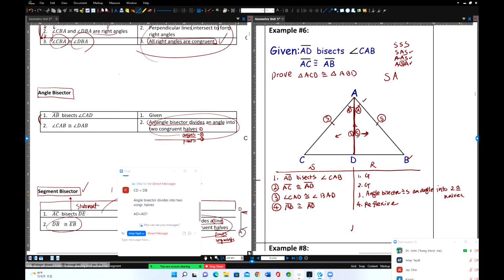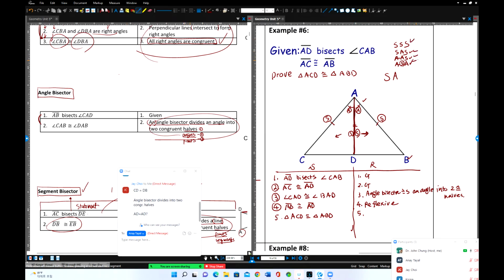We all got 3. Now we make conclusion, right? The triangles are congruent now. Conclusion 5. Triangle ACD congruent triangle ABD. We are done. But we have to say the reason. Why? They are congruent. Which one?